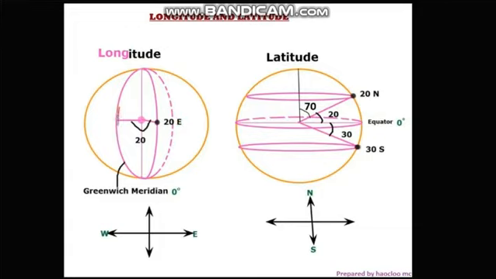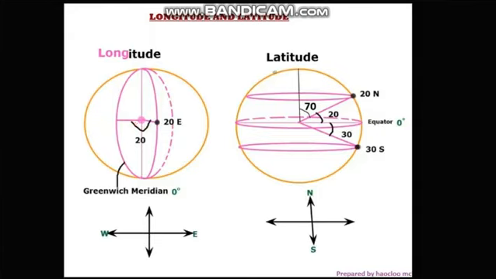Because the angle you count, the point is on the right side of the Greenwich Meridian, and right side is east. If the question draws a line on the left side of Greenwich Meridian, then the direction you need to add behind is west. For this case it is 20 east.